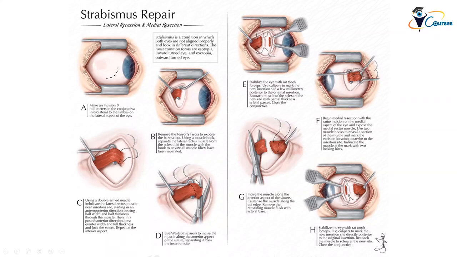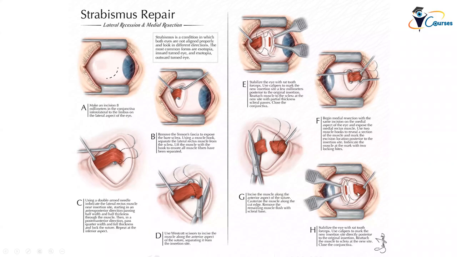Then we close the conjunctiva and tenon, and for the medial rectus, again we hang the muscle using this squint hook, and take our sutures, full thickness and partial thickness sutures, to fix the muscle. Then we cut the muscle from its insertion, and now we cut a part from the muscle. We do resection of the muscle.